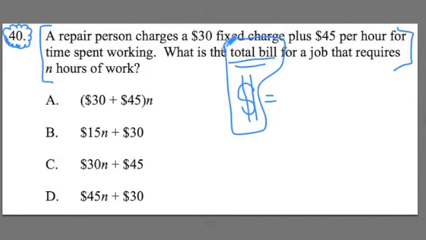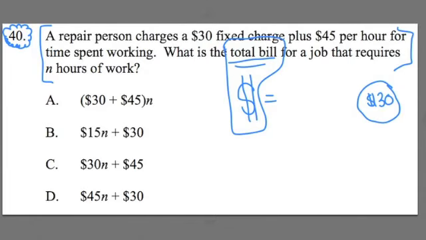Well, there's pieces of information here. We know that there's a $30 fixed charge. So we could call that $30 fixed charge a starting point, right? No matter what they do, they open up the hood, it's going to cost $30. Whatever happens, it's $30.